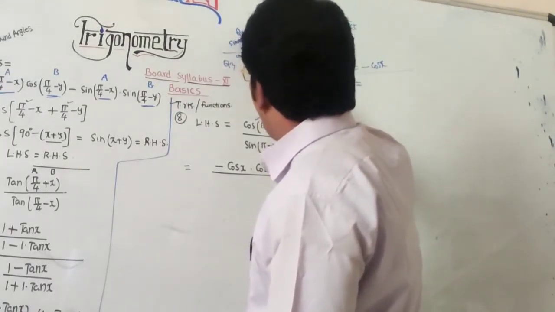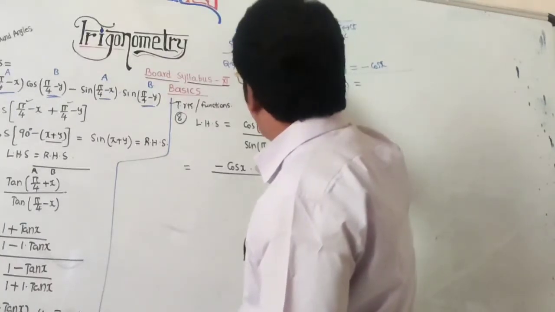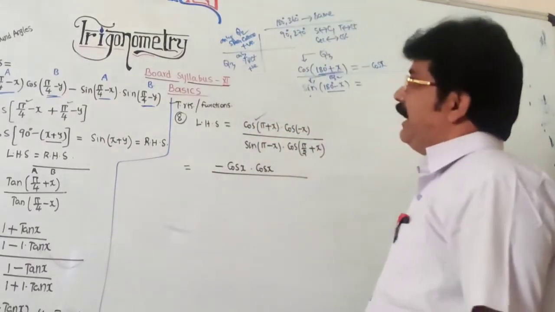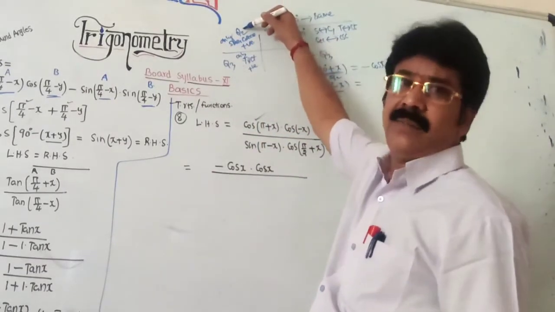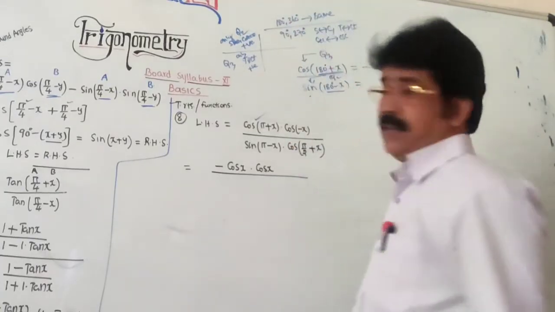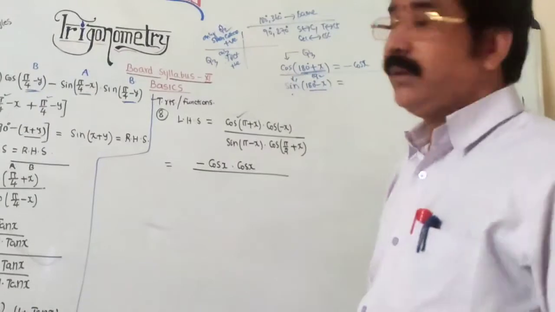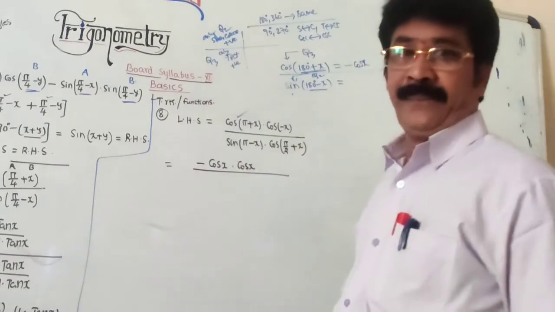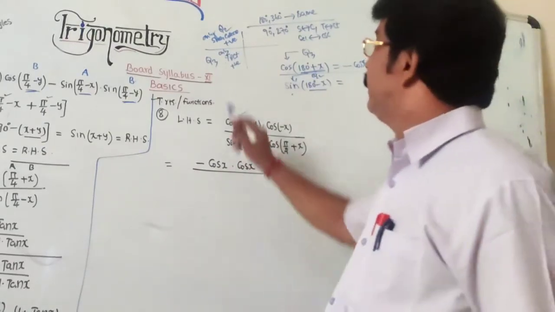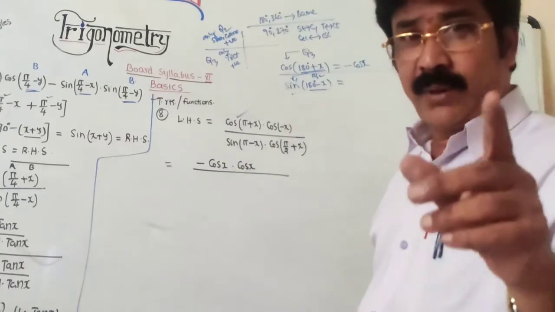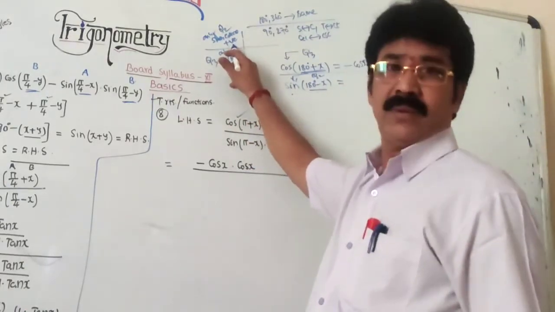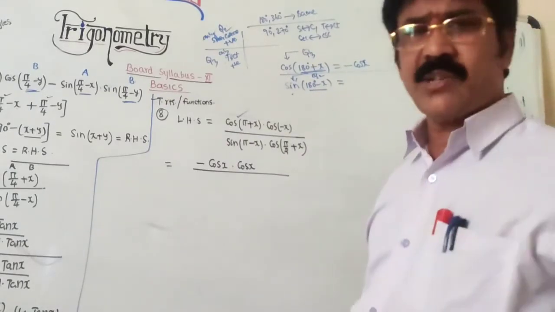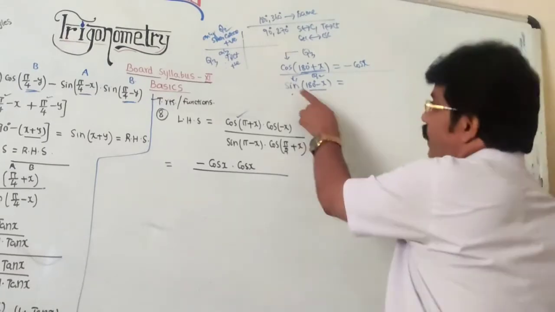Sine theta and cosecant theta are the only positive ones. In the second quadrant, sine is positive, cos is negative, tan is negative, secant is negative, and cosecant is positive. Only sine and cosecant are positive. The remaining ones are negative.